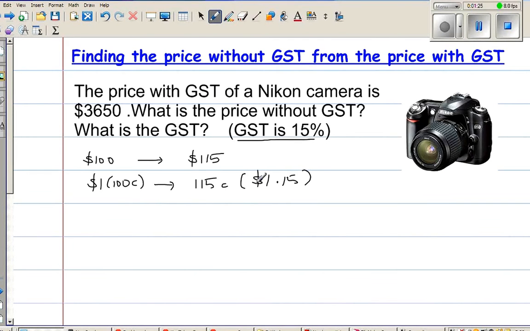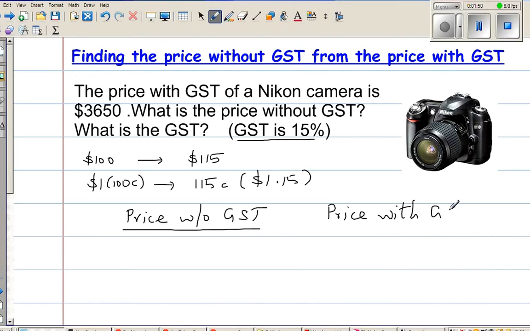So I'm going to make up a column and going to write like this. I want to find the price without GST. So I'm going to start the column like this. This is the price without GST. This is one column, and this is the price with GST.